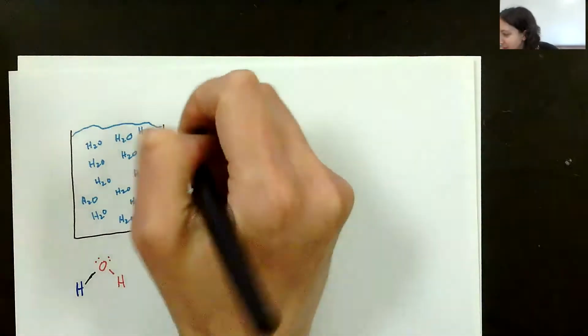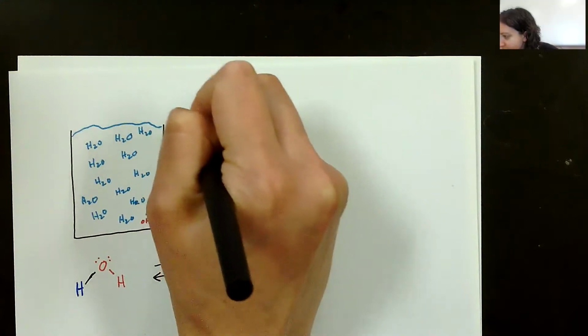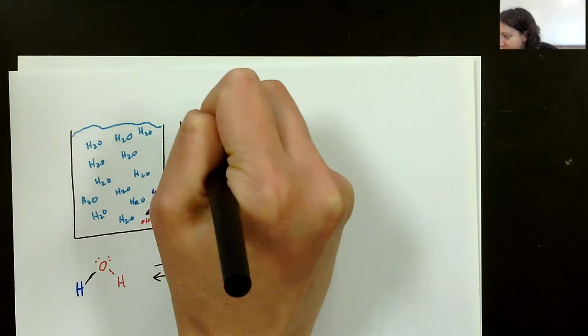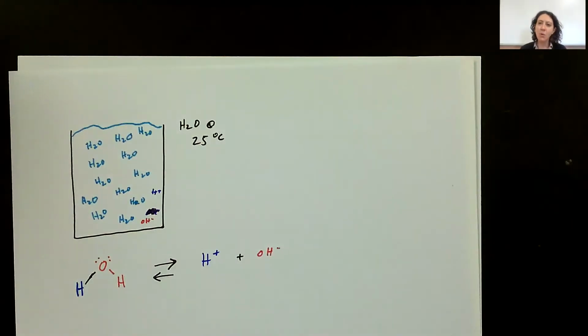So if we take a look at this process, we will find that if you have pure water at 25 degrees Celsius, this process happens. Let me double check this because I have the thing here. Let's make sure I got this correct.